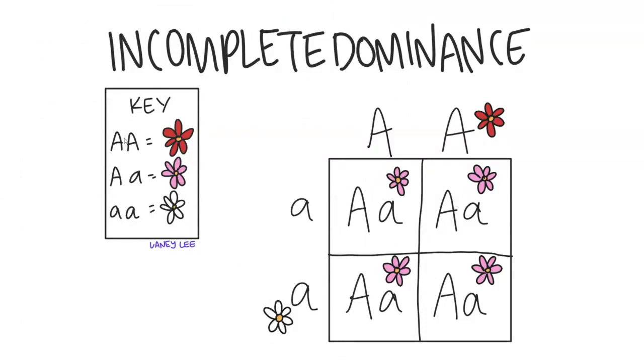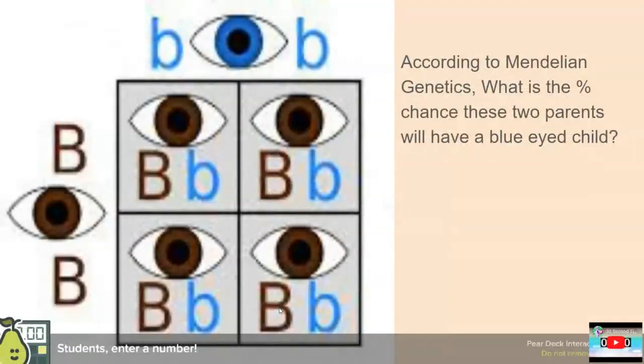So for instance, I have a true breeding red flower and I cross it with a true breeding white flower, or a homozygous red flower is crossed with a homozygous white flower. In normal autosomal inheritance, I might assume that 100% of the offspring would be red flowers with a carrier of the white flower trait, just like in this picture.